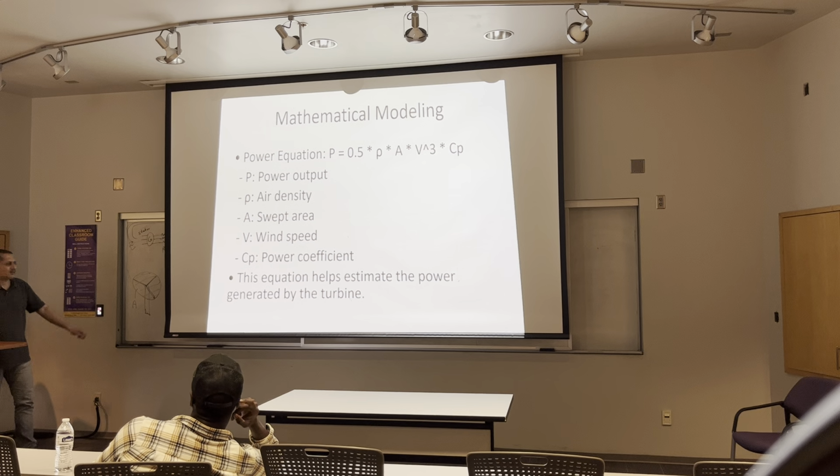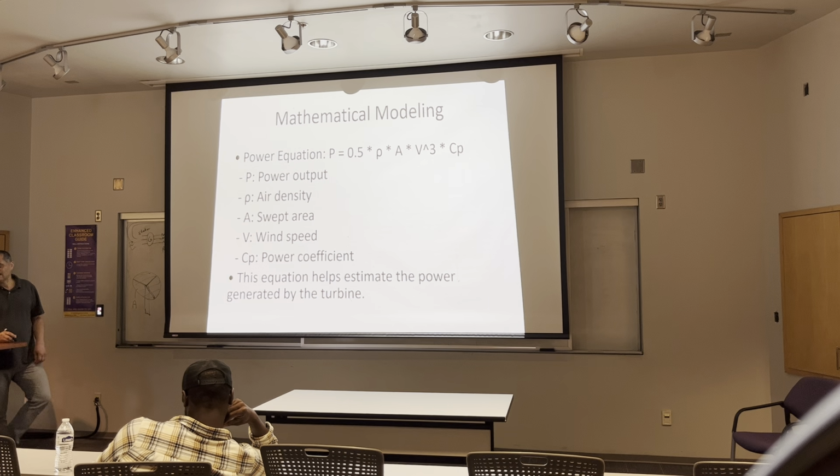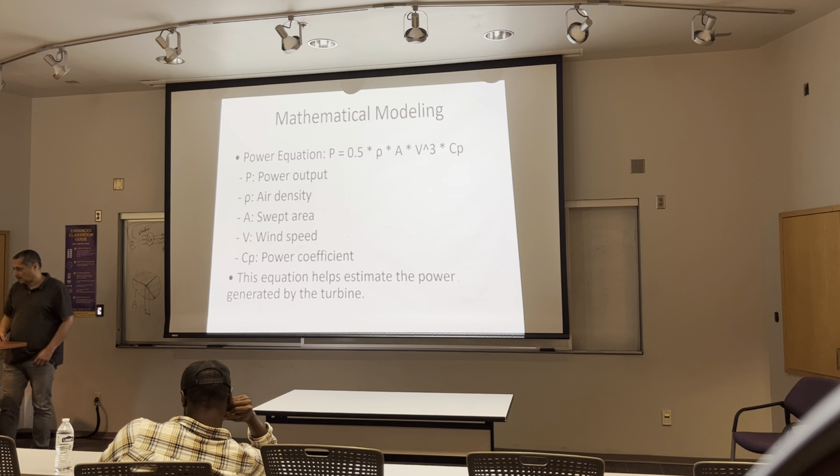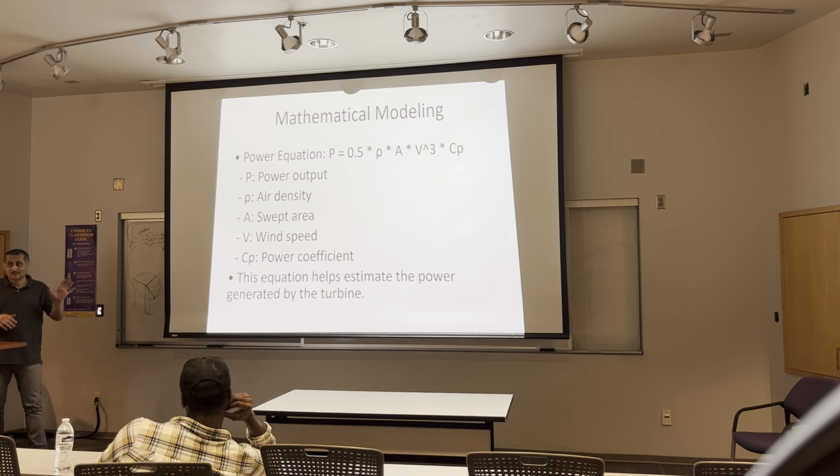What's the area for this one? Pi r square. Pi r square. 360 degrees. Yes, it's pi r square. Okay. And then the ellipse. Cp, the power coefficient, is already given for the exam. Okay, but we will discuss another equation next time.